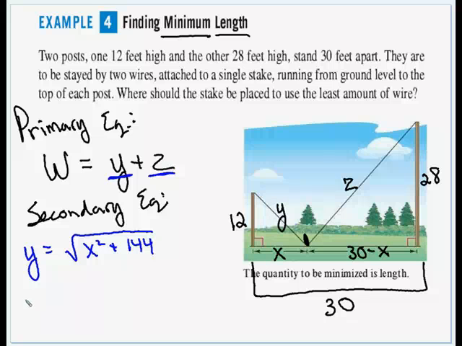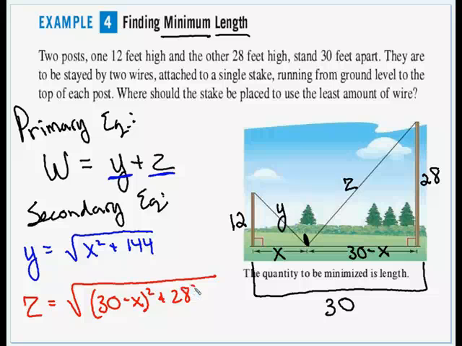And let's do the same thing for z. Z equals the square root of, our two legs on this triangle are 30 minus x quantity squared plus 28 squared.